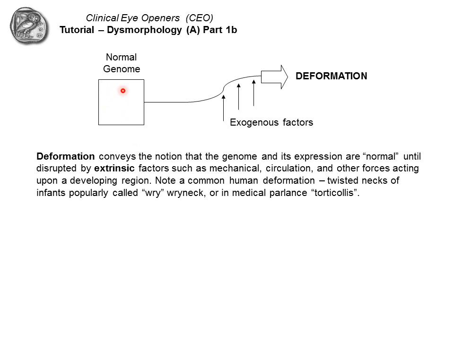So if we have a normal genome and a normal environment and normal epigenetic circumstances, still there are external factors that can deform the morphogenesis. So the deformation is not an expression of an abnormal genome, nor an expression of an abnormal environment in the large sense, but an abnormal environment in a mechanistic, localized sense.